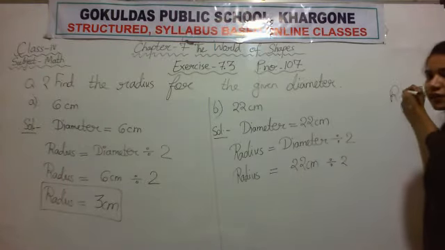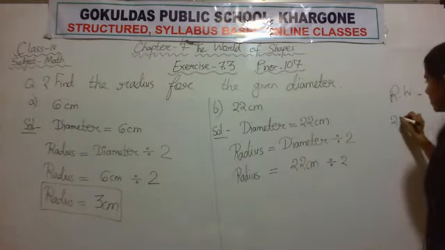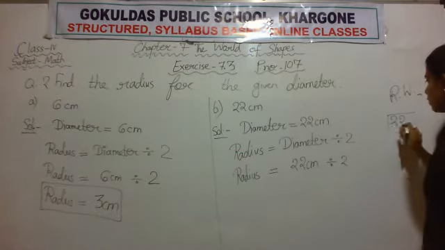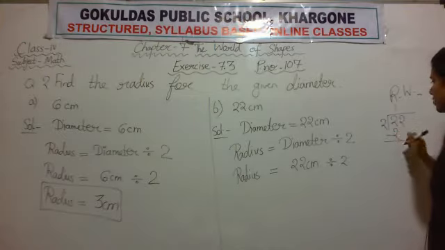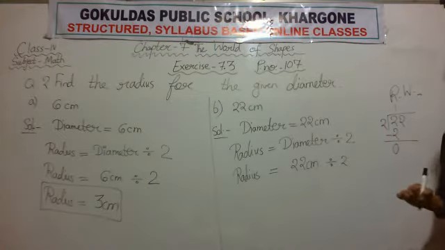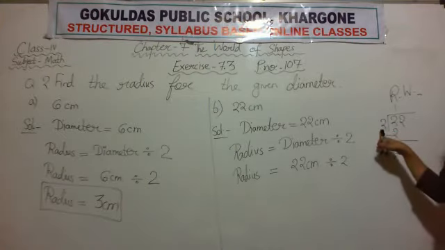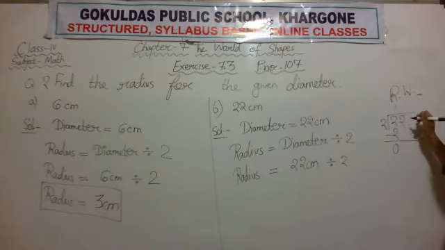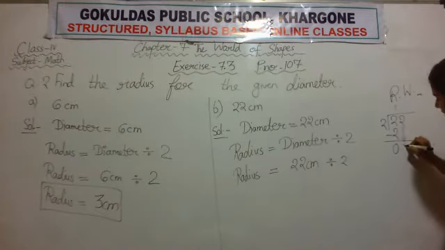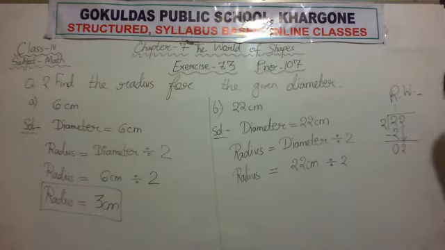Now 22 divided by 2. In rough work, you can arrange numbers in standard division form. 22 divided by 2. 2 ones are 2. Subtract 2 minus 2, you get 0. Now the 0 is not divisible by 2, so what you will do? You will bring down the next digit here. Now you have the number 2, which is divisible by it one time.